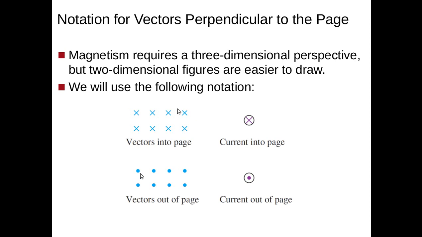So the dots represent the tip of the arrow coming out of the page, and the X's represent the back of the arrow going into the page. We'll do the same thing with current: a dot with a circle around it represents a current coming out towards us. Our convention is that towards us is the positive Z direction.